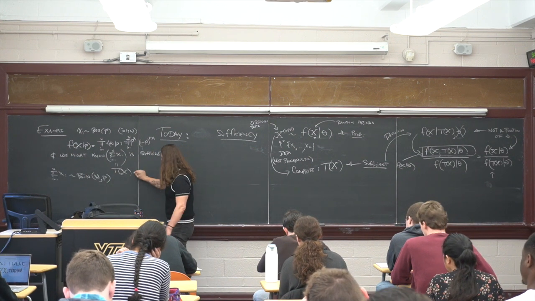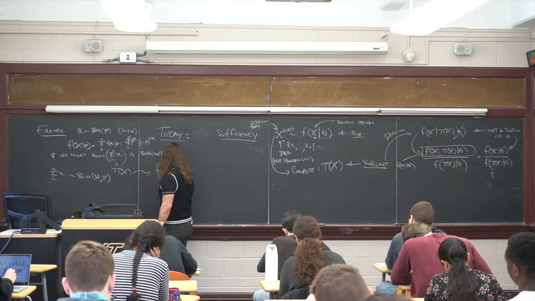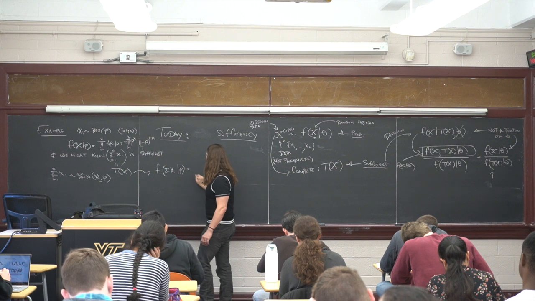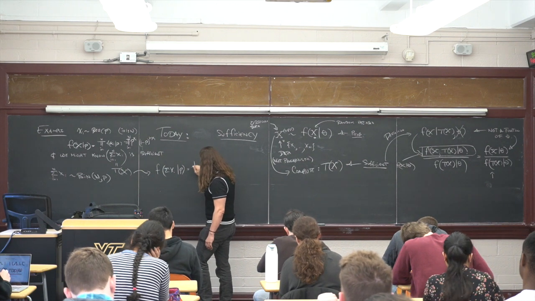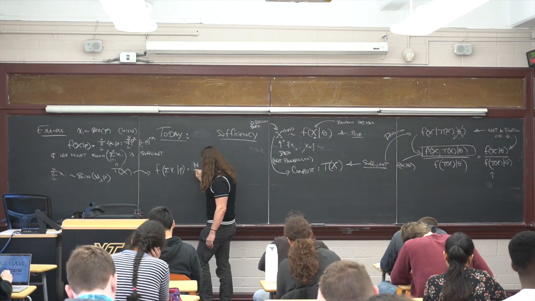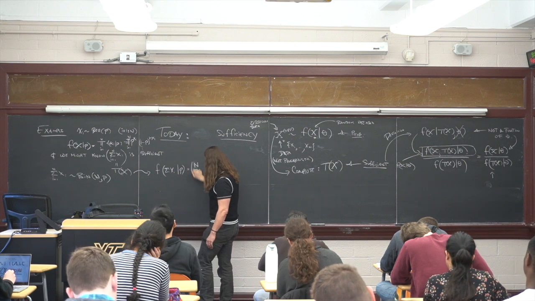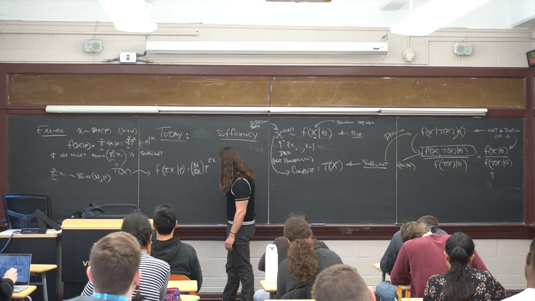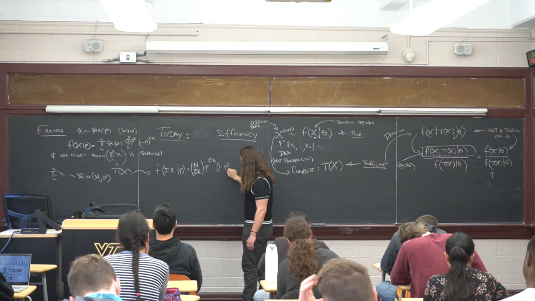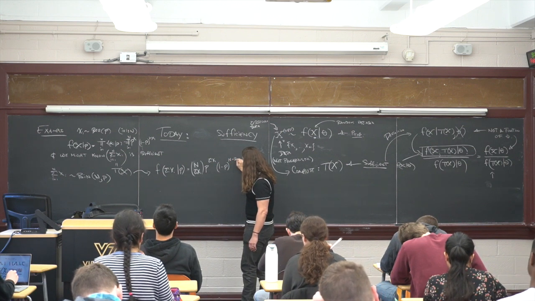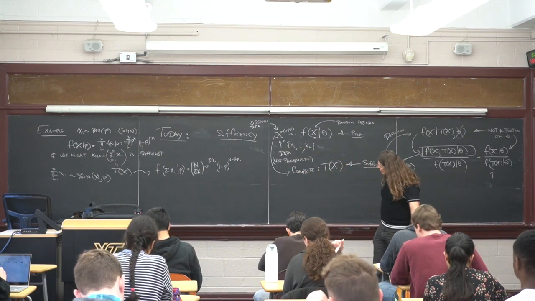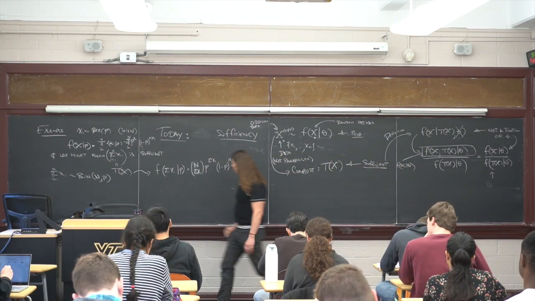And this thing looks like this. f of the sum of the xi's given p is equal to n choose the sum of the xi's, p to the sum of the xi's, 1 minus p to the n minus the sum of the xi's. You can put any indices in there. That makes you feel better.